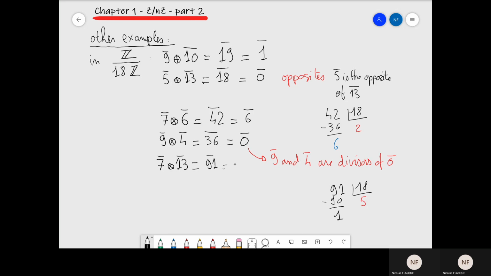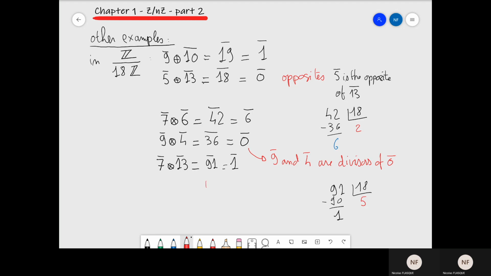So the remainder is 1. So 7 bar times 13 bar is equal to 1 bar. We can see here that actually we can take two different values from the Z over NZ set, and their product is equal to 1 bar.